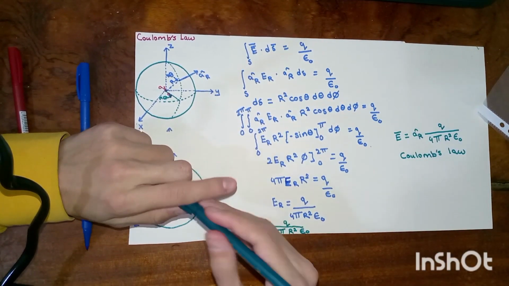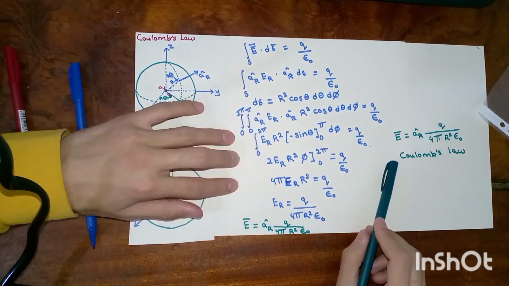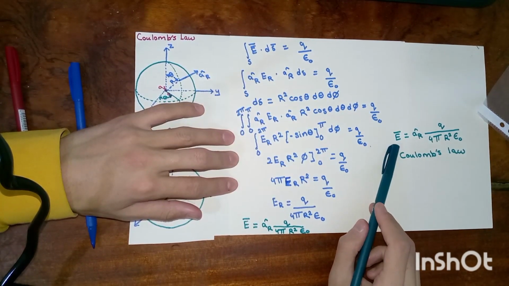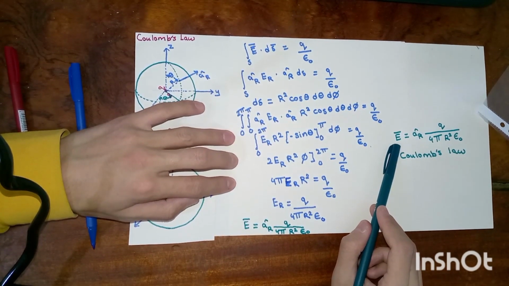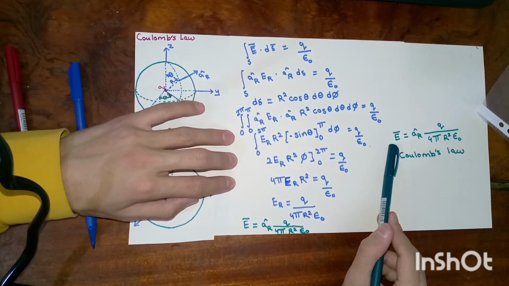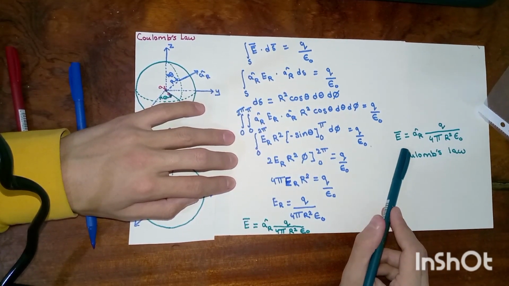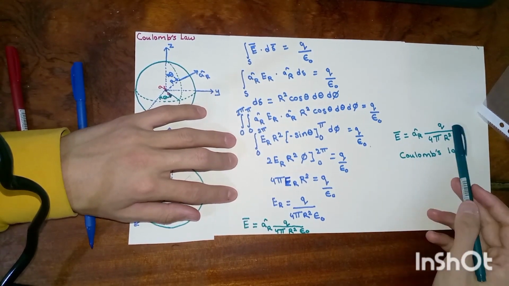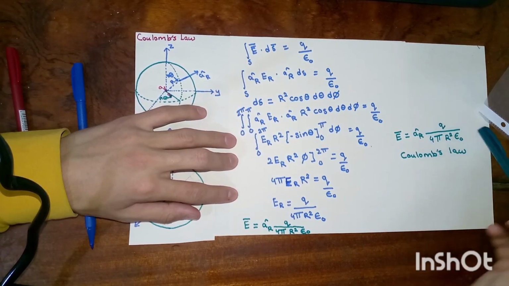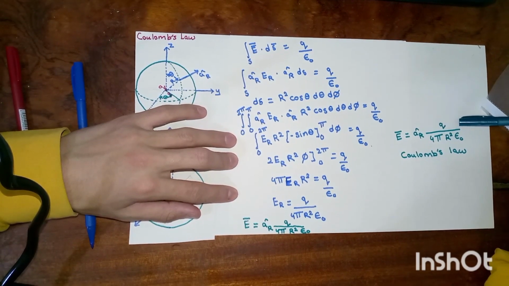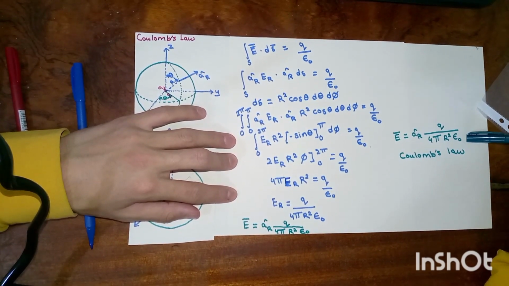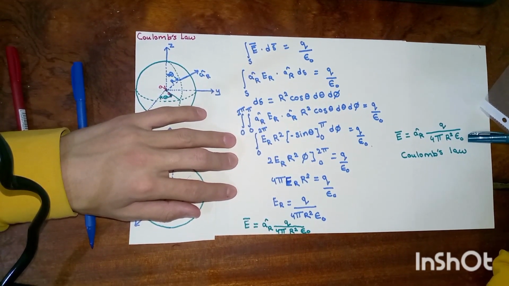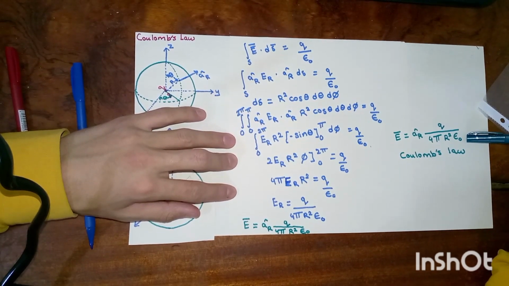And this equation is Coulomb's law. This equation is telling us that in order to find the electrical field generated by an electrical charge at any point in space, we only need to know the magnitude of this charge which is generating the electrical field, and the distance between this charge and the point where we want to find the electrical field intensity.